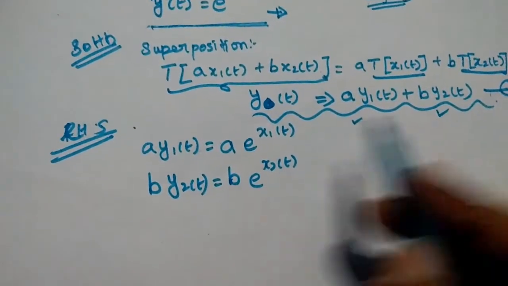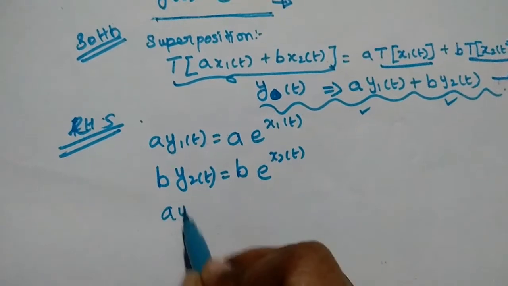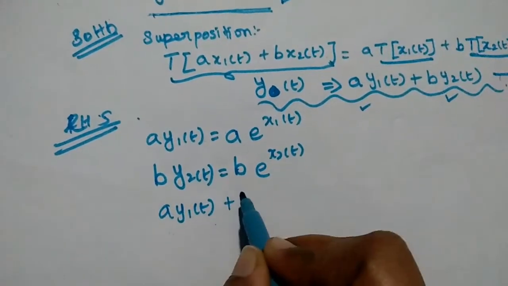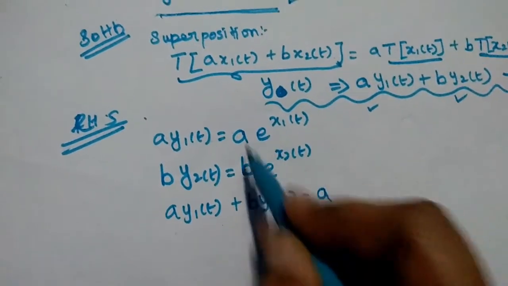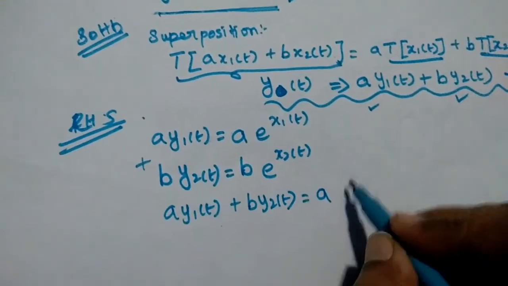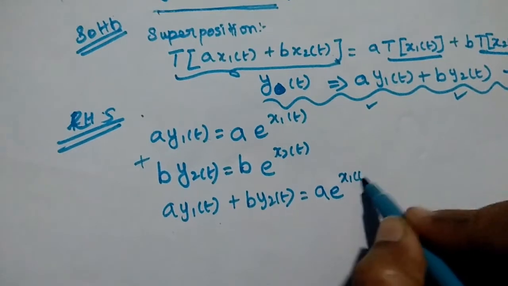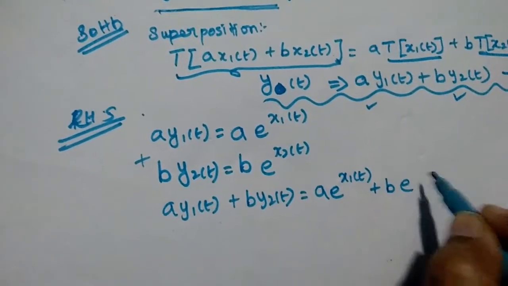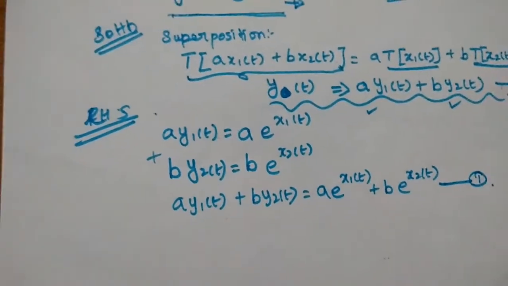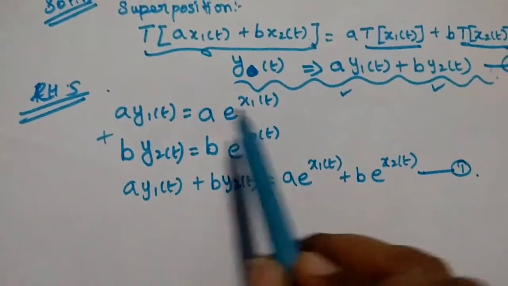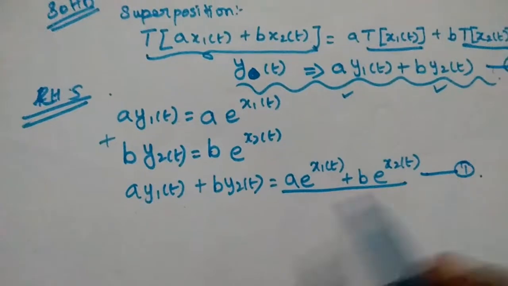This right hand side can be written as a y1 of t plus b y2 of t is equal to a e power x1 of t plus b e power x2 of t. That is the first equation. So the left and right hand sides we have considered like this.